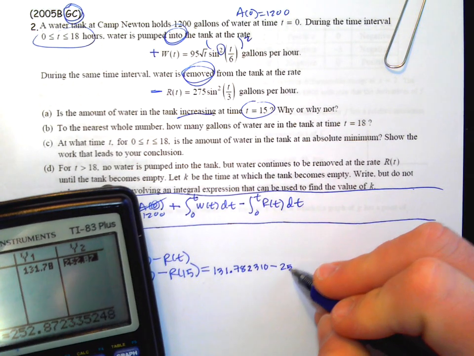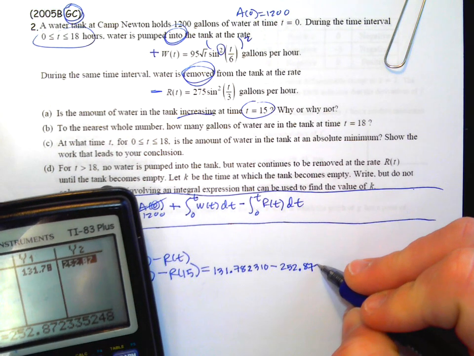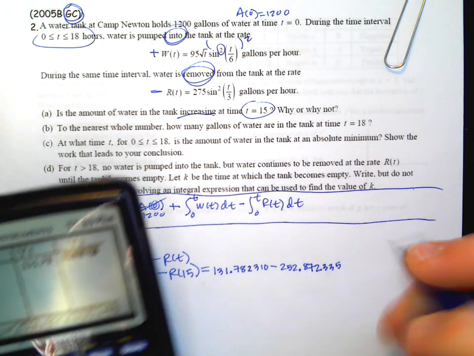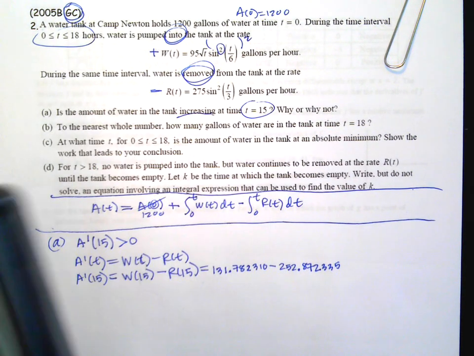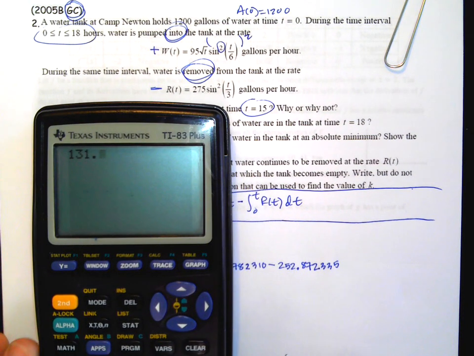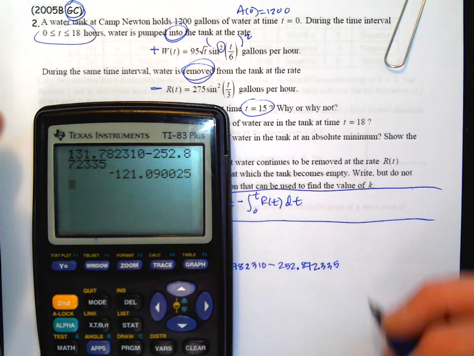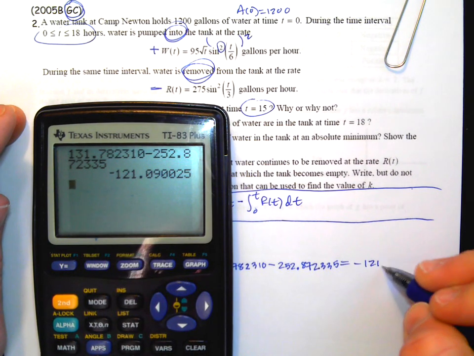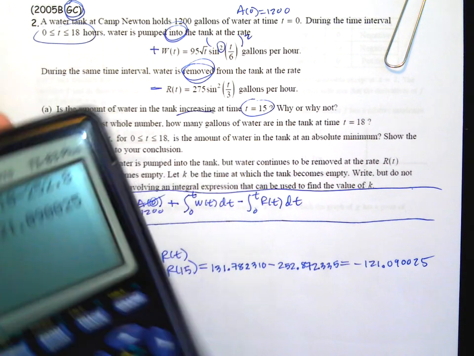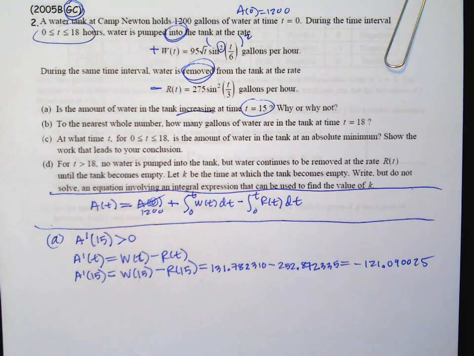So highlight it, look at the bottom, you get a more accurate version, 252.872335. Now I'm going to go back to my home screen and calculate what that is. 131.78210 minus 252.872335 equals negative 121.090025. You need to have these values somewhere in your work to support your answer.